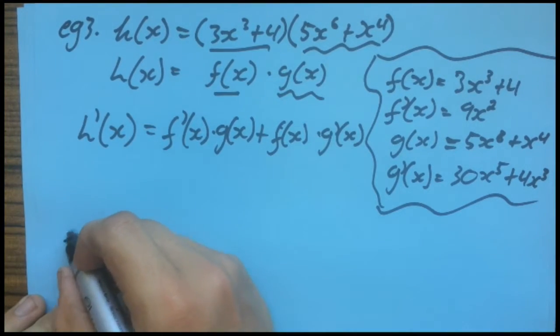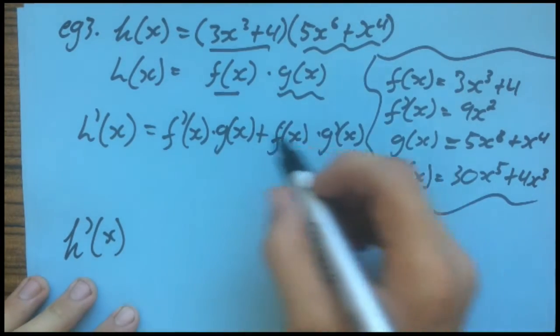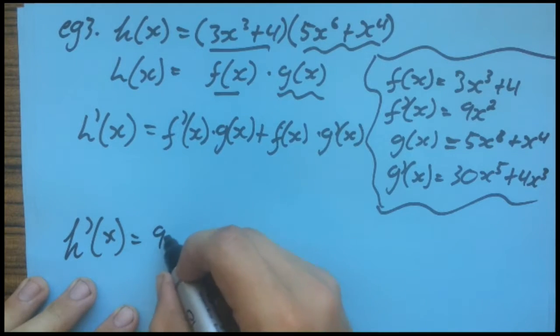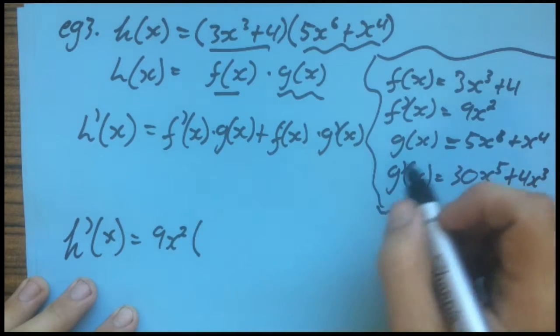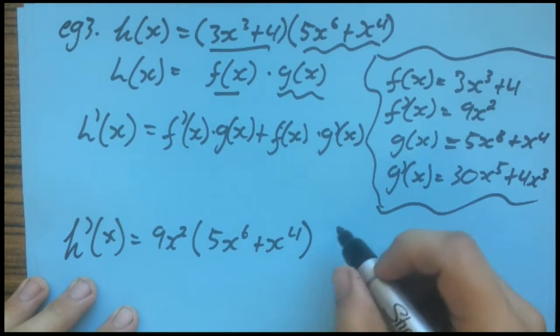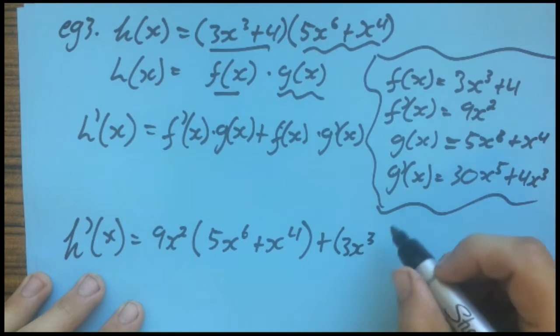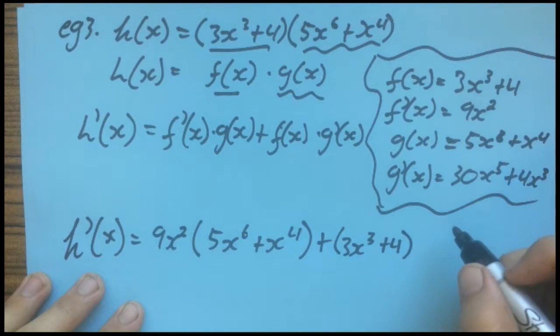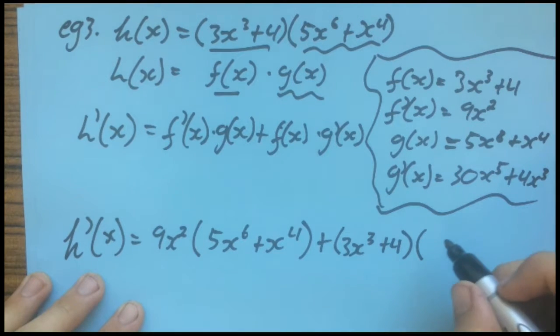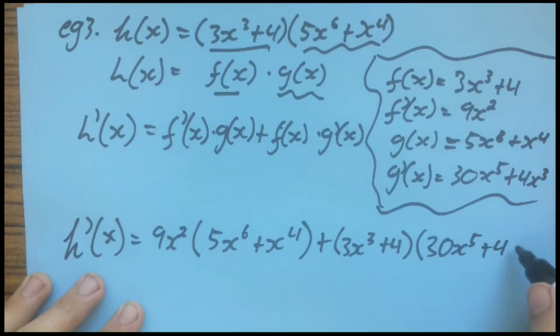To sub those in, f dash of x would be 9x squared multiplied by g of x, 5x to the power of 6 plus x to the power of 4, plus f of x, 3x to the power of 3 plus 4, multiplied by g dash of x, or the derivative of g, which is 30x to the power of 5 plus 4x to the power of 3.